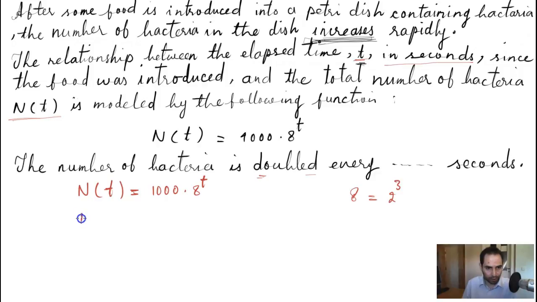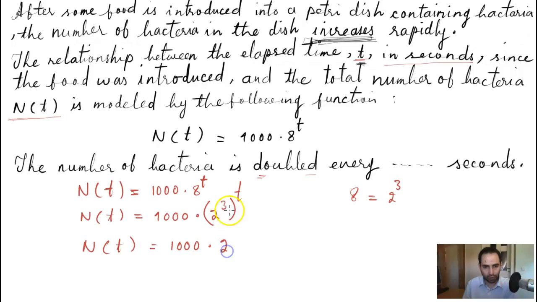So I could rewrite this as n of t is equal to 1000 times 2 cubed, whole raised to the power t. 8, I have written it as 2 cubed. And again, I can rewrite this as n of t is equal to 1000 times 2 raised to the power 3 times t, and this becomes 3t.